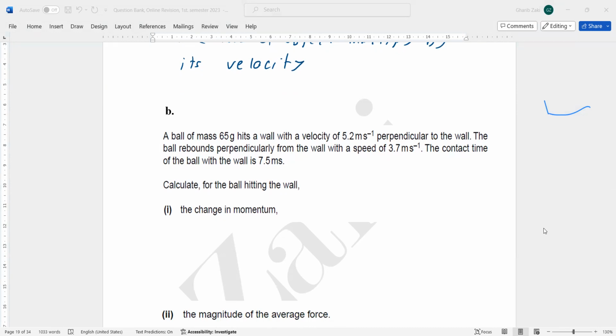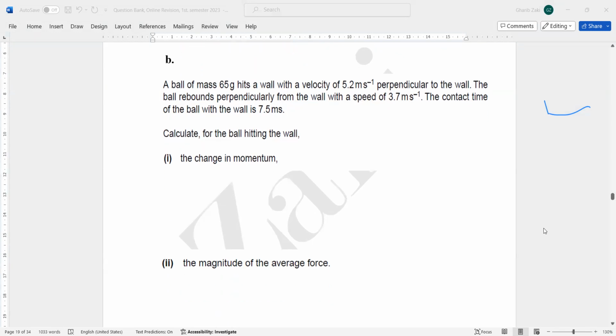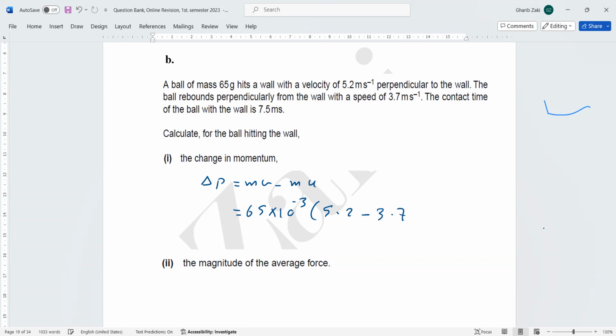Now, I just give you the final answer because some questions are easy like this. The change in momentum, delta p, equals mv minus mu. But we rearrange, so we take the rebound as positive. Then the answer is 65 multiplied by 10 to the power negative 3, multiplied by 5.2 minus 3.7.